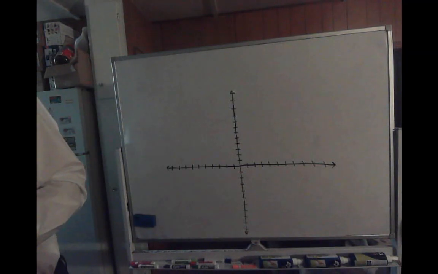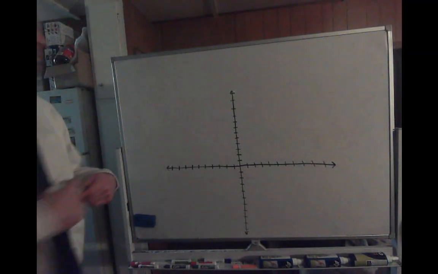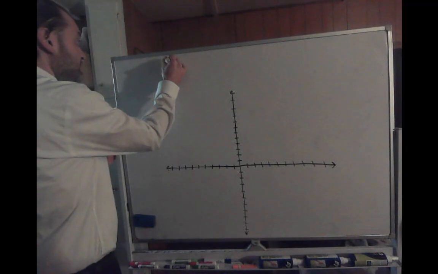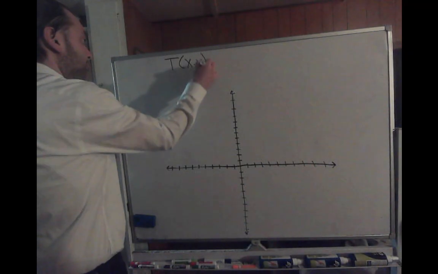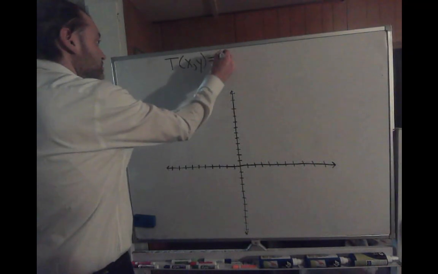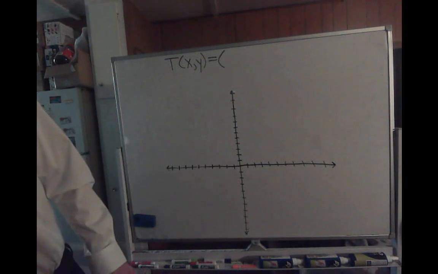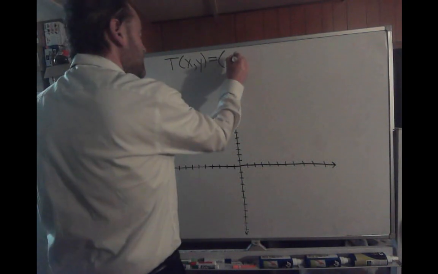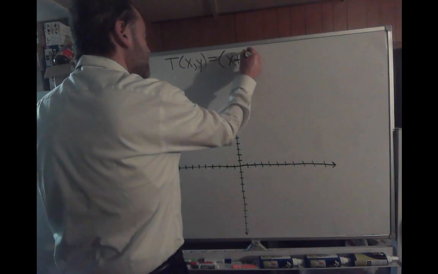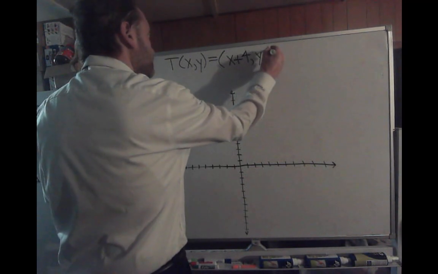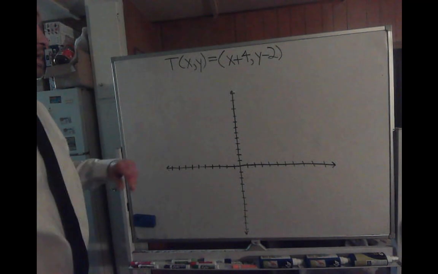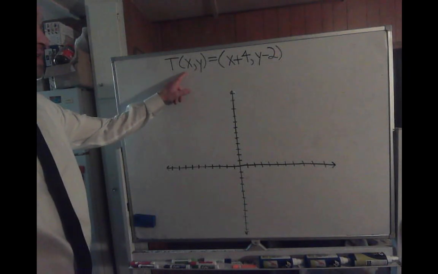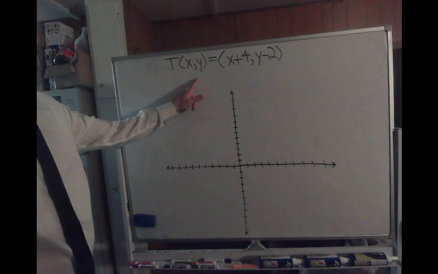So you may see something like this: T of x comma y equals x plus 4, y minus 2. You could almost think of this as t of x, but this is t of x, y.